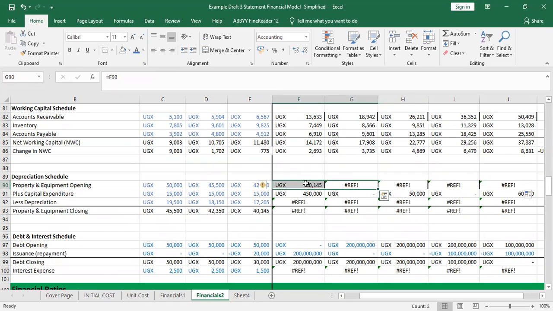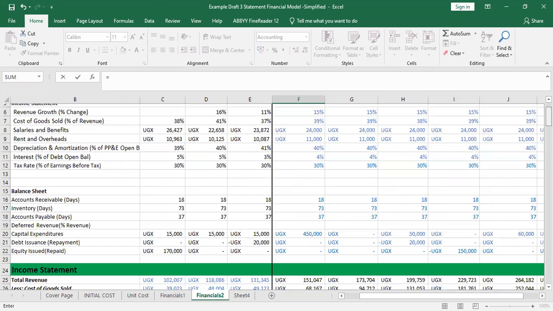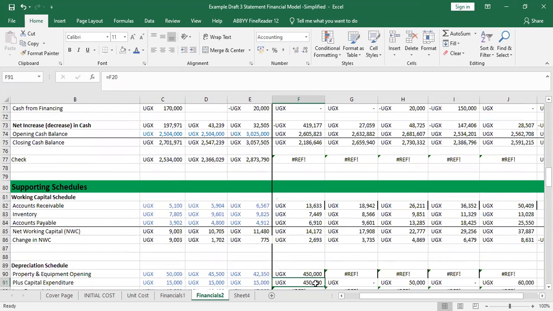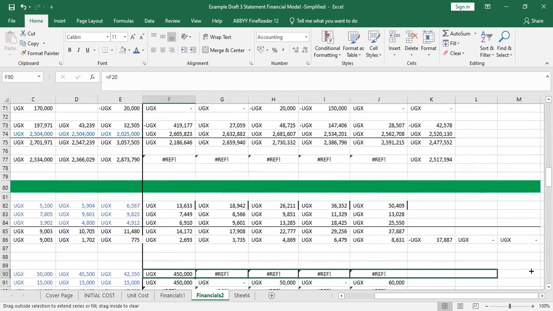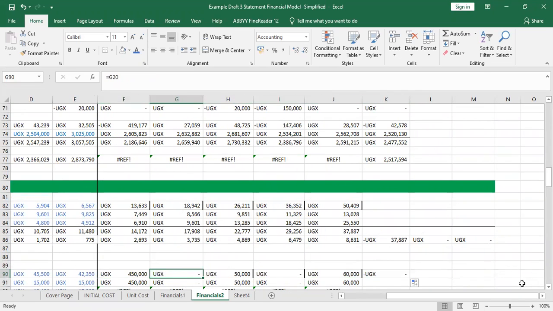Let me get it again from the assumptions. Where is the capital expenditure? It is here. So I'm just going to pick it and stretch it. It will pick the other expected expenditures. Okay, so it has picked all of them.